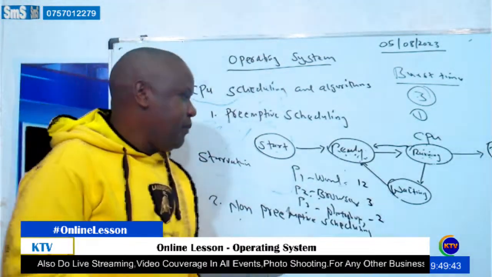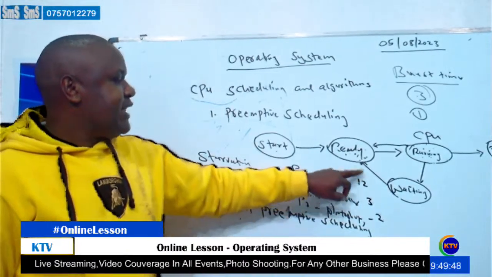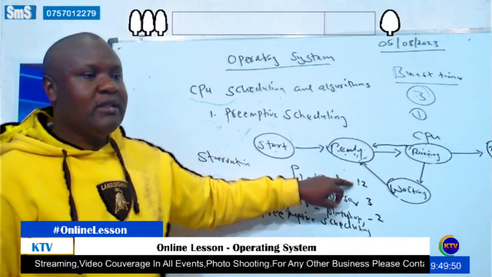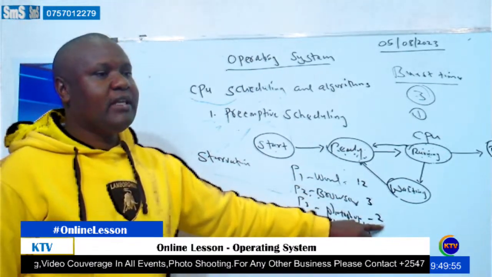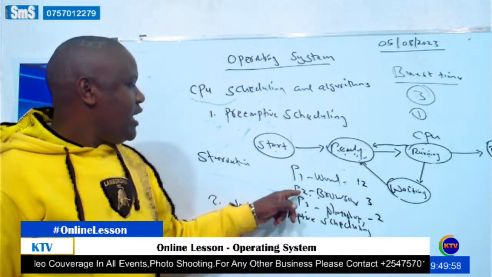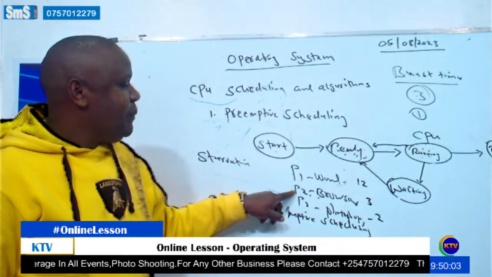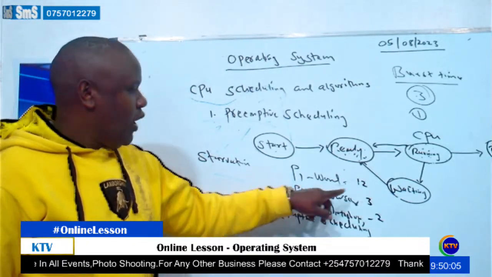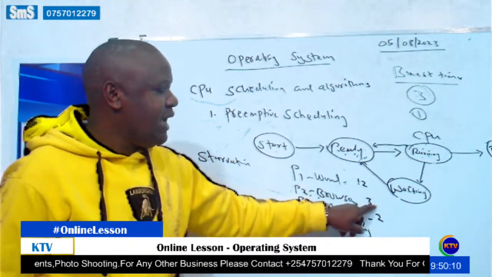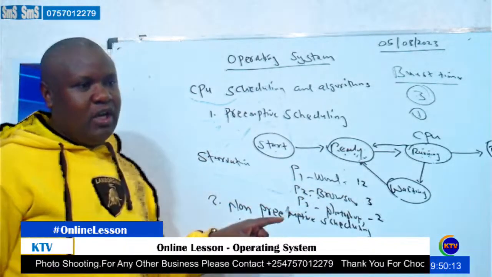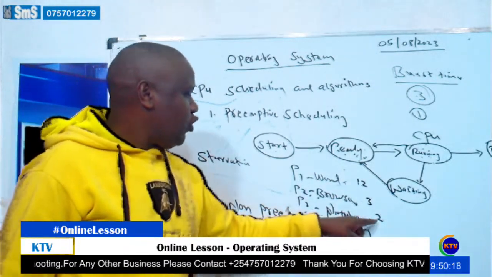Process 1 arrived earlier, but the time it will take to complete is longer than process 2 and process 3. So if process 2 arrives, process 1 will be forcefully removed and process 2 will be allowed in, because the time it is supposed to take is less. Process 3 also will be allowed in.